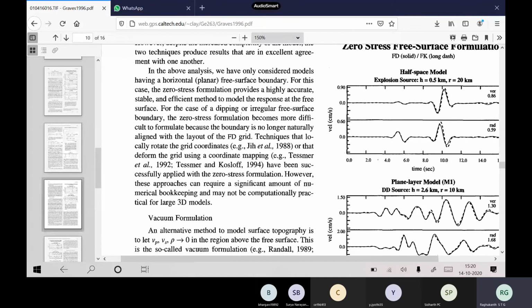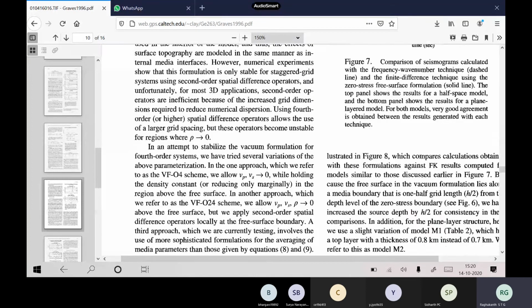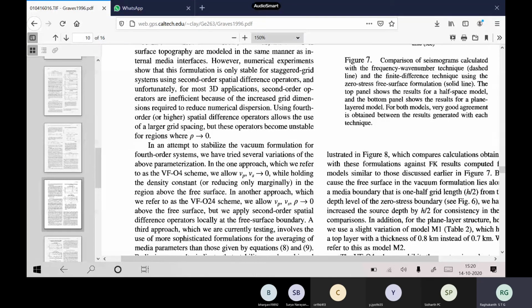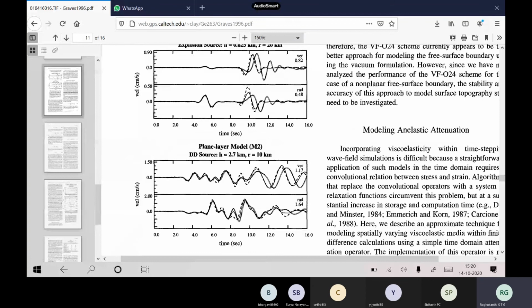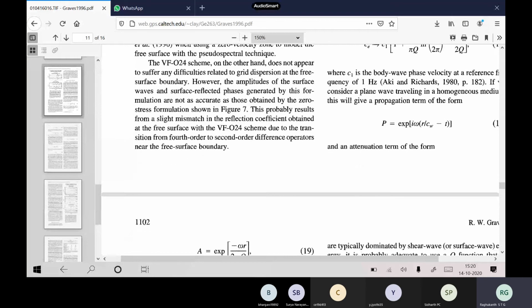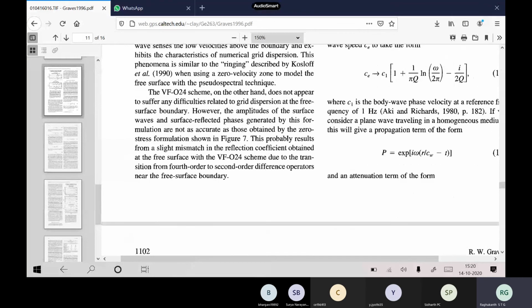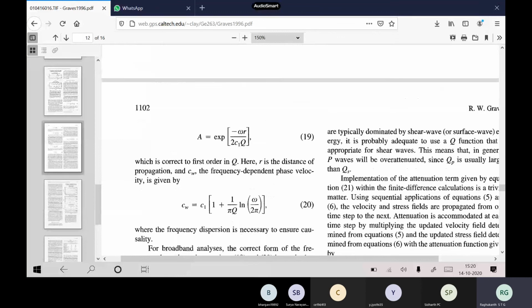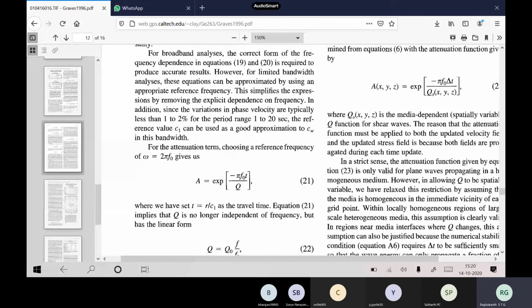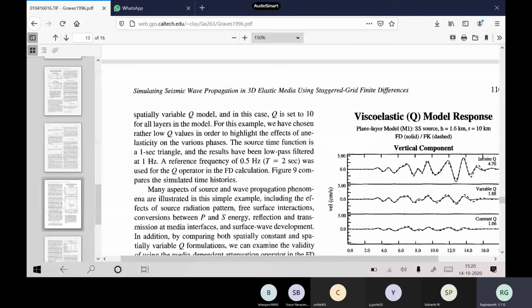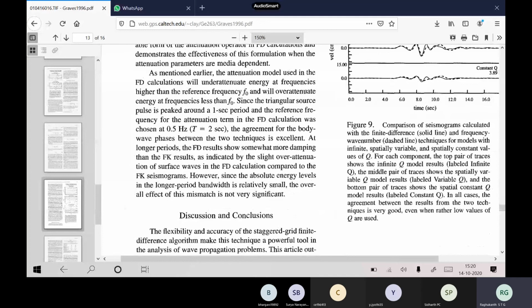I think this fellow has given the vacuum formulation, stable. See, this is anelastic attenuation actually. Okay, so he has used this expression also. And finally, I think where he has used absorbing, oh god, somewhere we have missed.